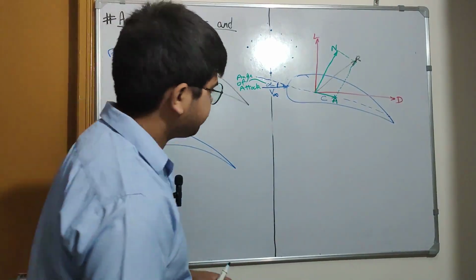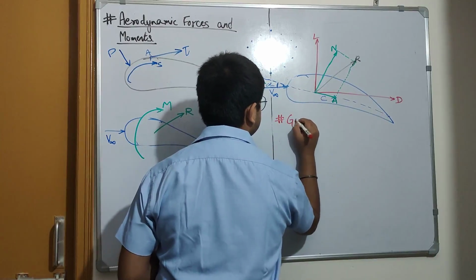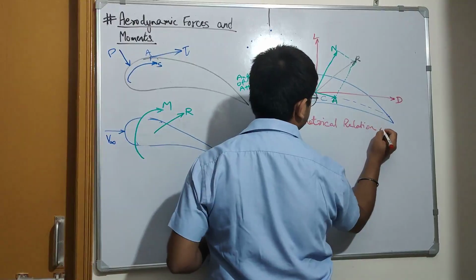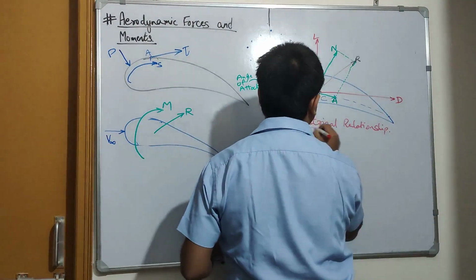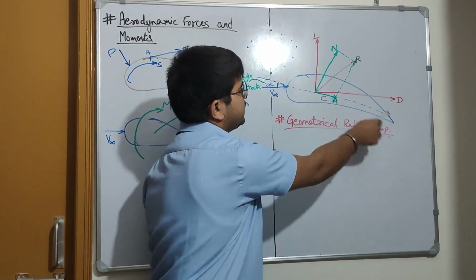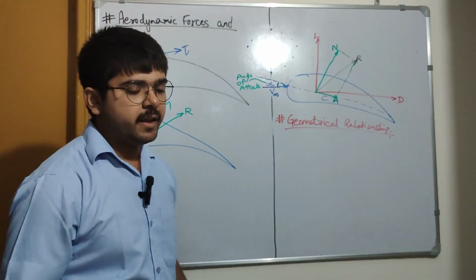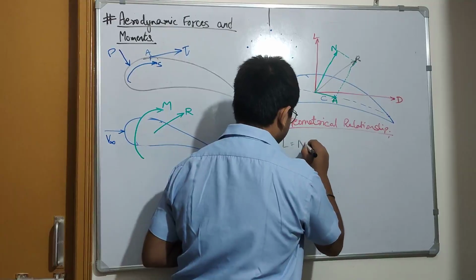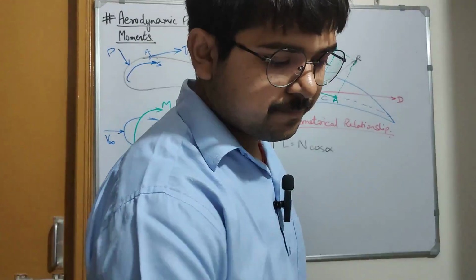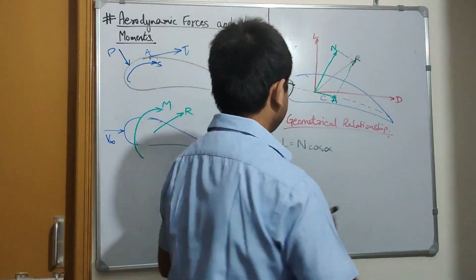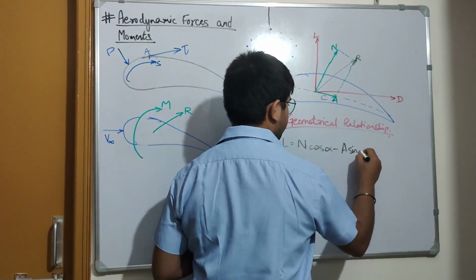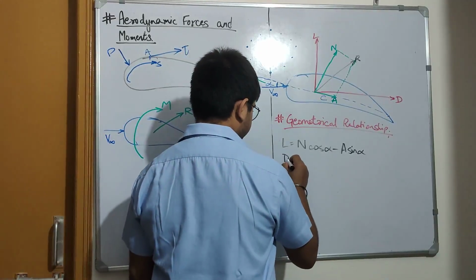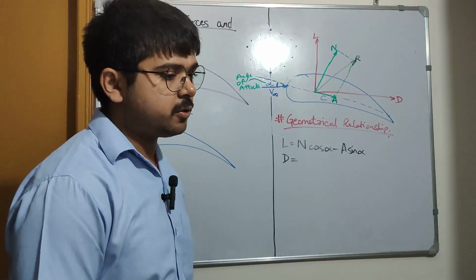So the governing equation for this diagram is, I'll write it down: L is equal to N cos alpha minus A sin alpha, and drag D is equal to N sin alpha plus A cos alpha.